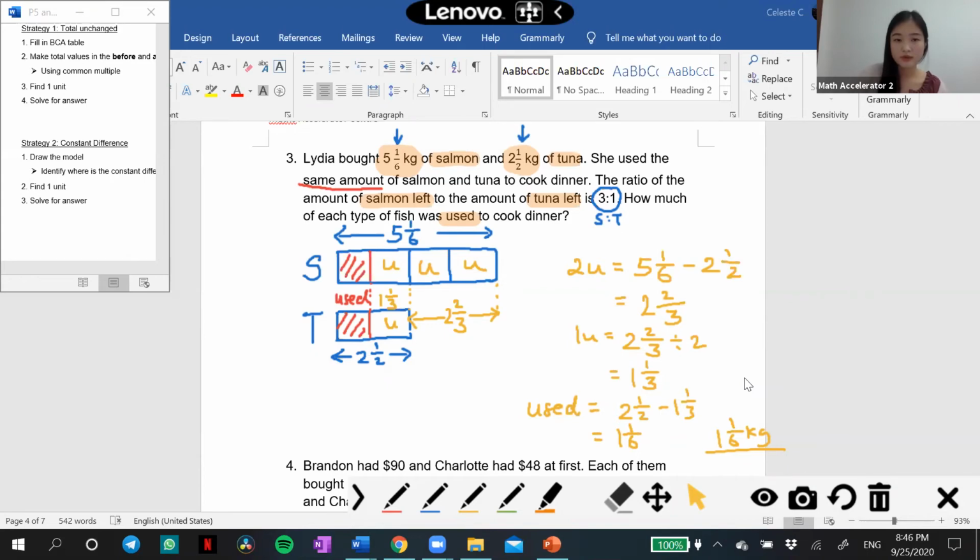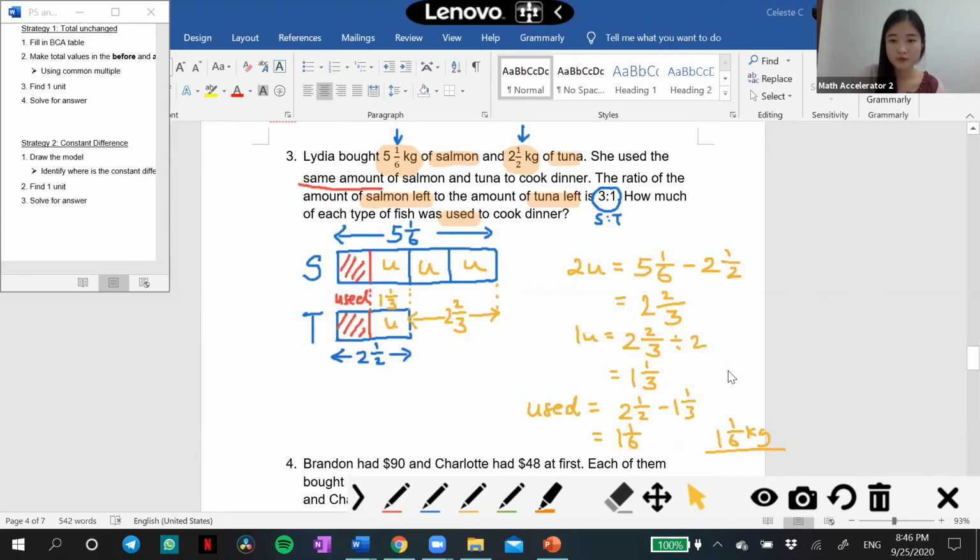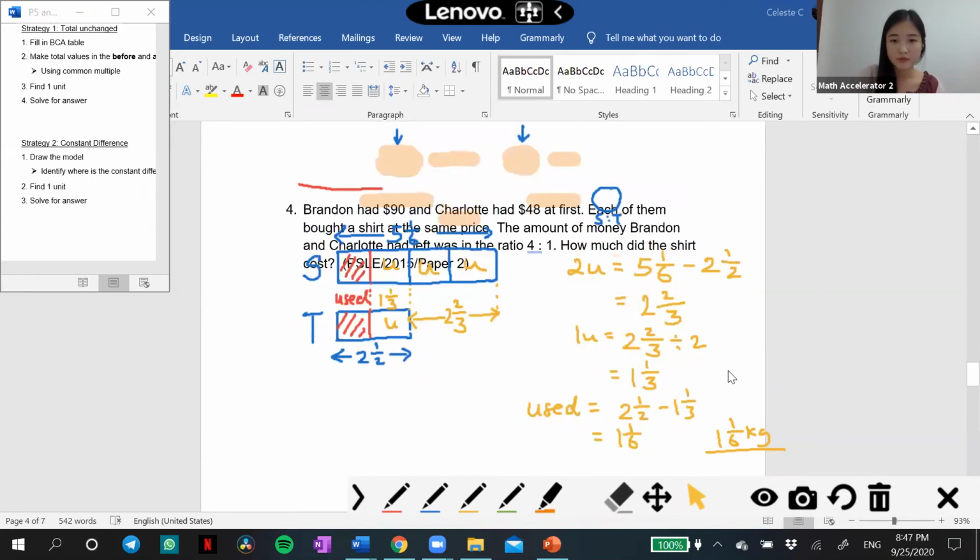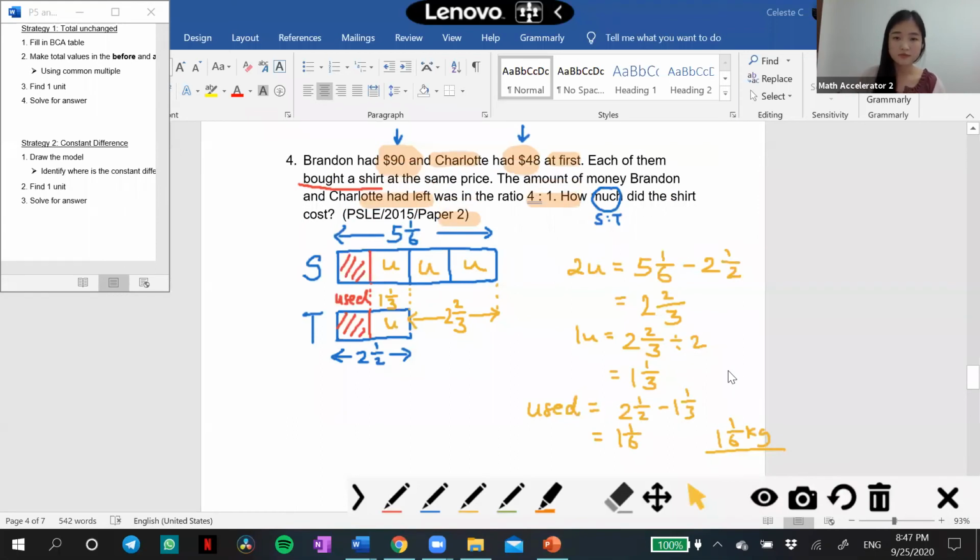Okay, let's try question 4. Brandon had $90 and Charlotte had $48 at first. Each of them bought a shirt at the same price.